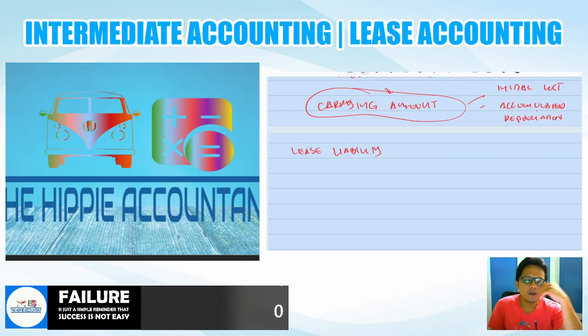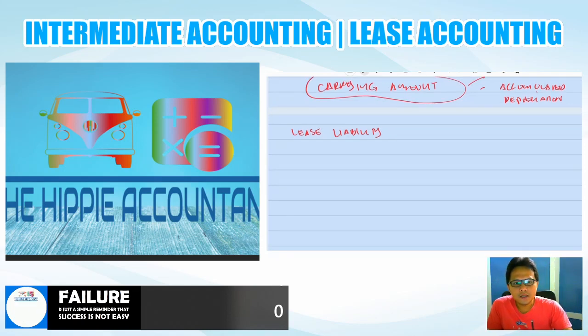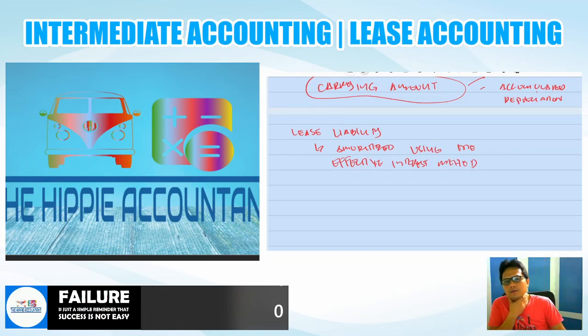The standard, IFRS 16, requires us that this lease liability should be amortized using the effective interest method. So, madali na lang sa atin ito because we already know how we apply the effective interest method.